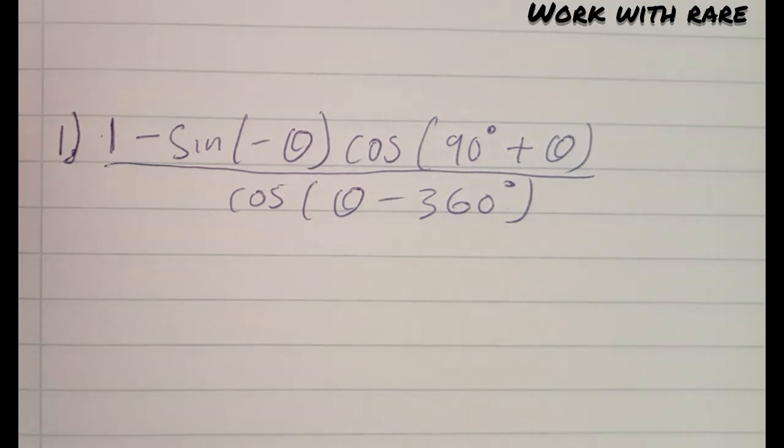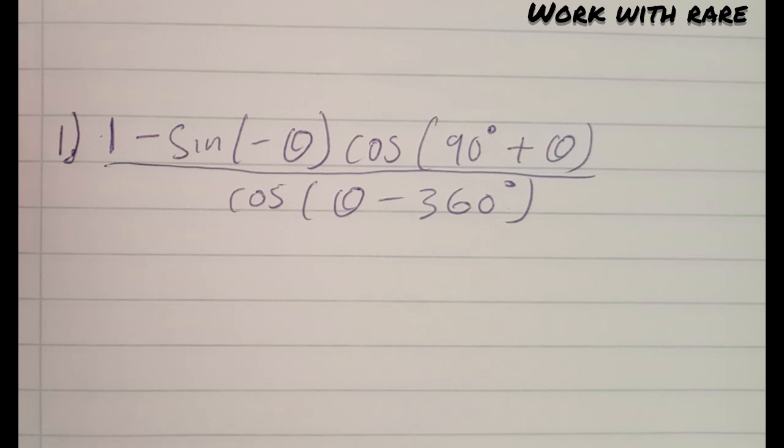Theta minus 360 degree. So, and it's 5 marks. Okay, so we have to simplify this into a single trigonometric ratio.